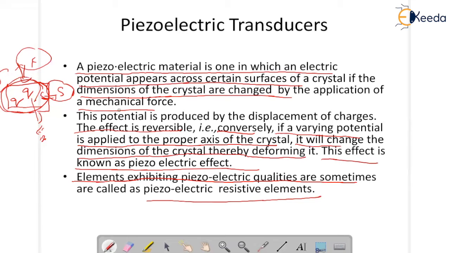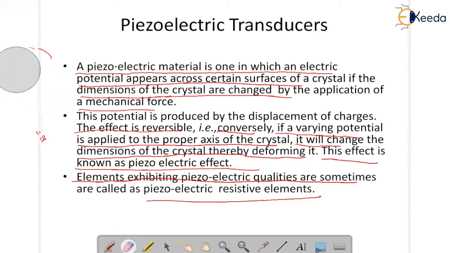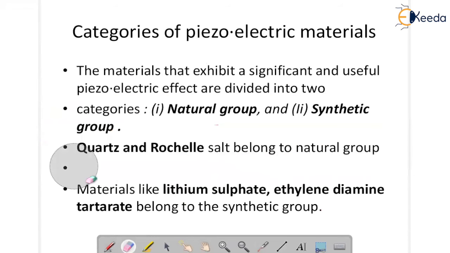What are the various types of piezoelectric materials? That I'm going to tell you in a detailed manner. See here, the materials which obey the significant piezoelectric effect are classified into two types.